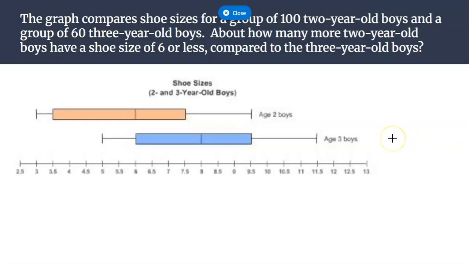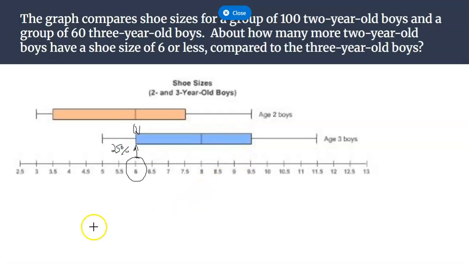This problem says the graph compares shoe sizes for a group of 100 two-year-old boys and a group of 60 three-year-old boys. About how many more two-year-old boys have a shoe size of 6 or less compared to the 3-year-old boys? First, we want to identify size 6. Size 6 for the 3-year-old boys corresponds with Q1, the first quartile, meaning this amount of the data is 25% of all 3-year-old boys surveyed.